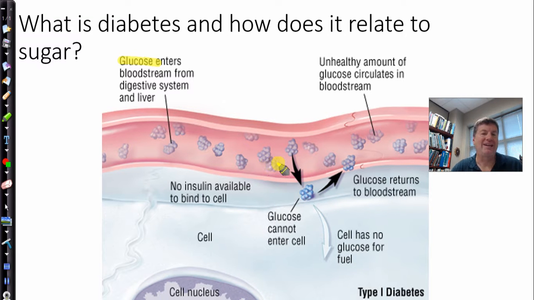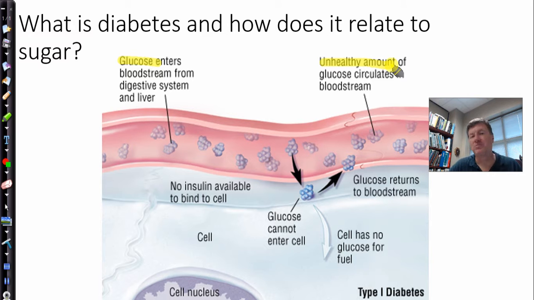The cells can't take it up. Insulin is a way of kind of carrying the sugar into our cells so we can use it. In the case of diabetes, they can't do it, so the sugar builds up to unhealthy amounts. And when you have excess sugar in your bloodstream, that's when you see the effects of type 1 diabetes.